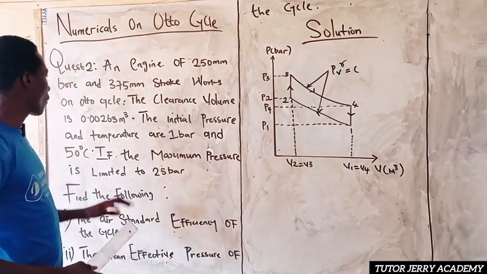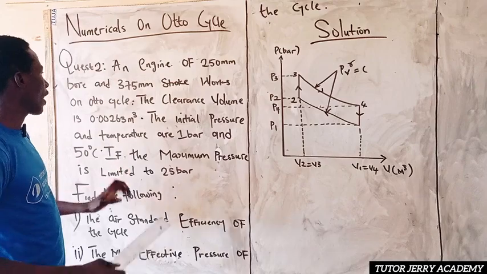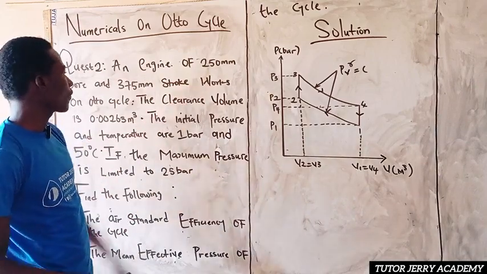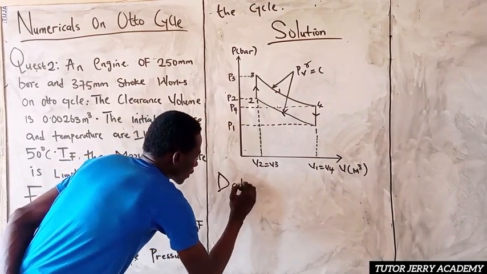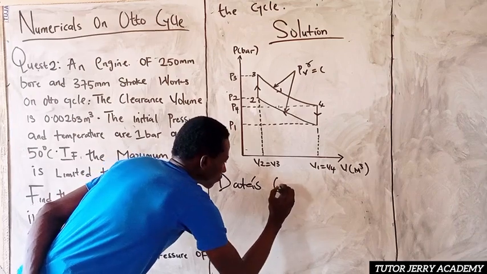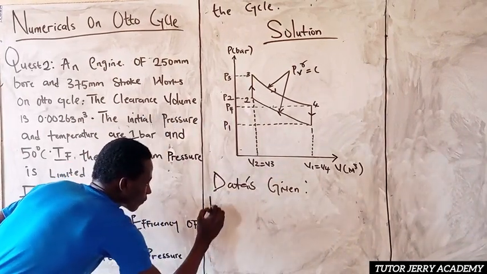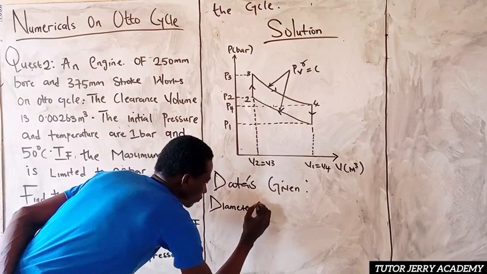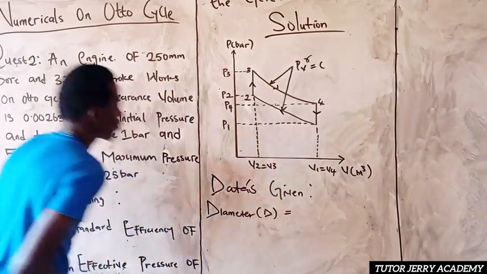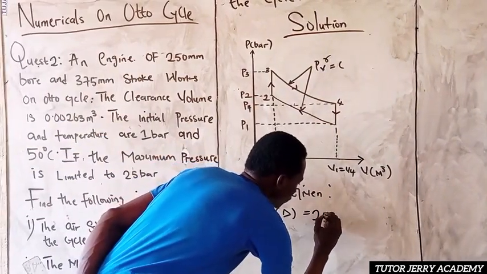From the data we have here, we're given the bore of the engine, so our D, which is diameter, is equal to 250mm.